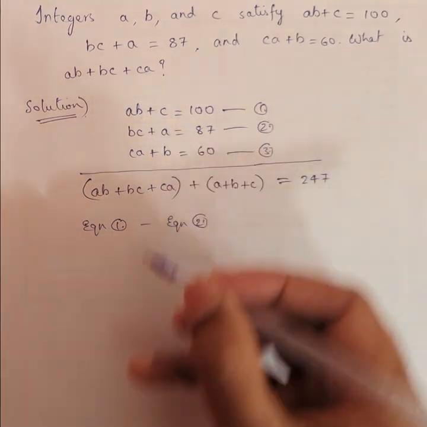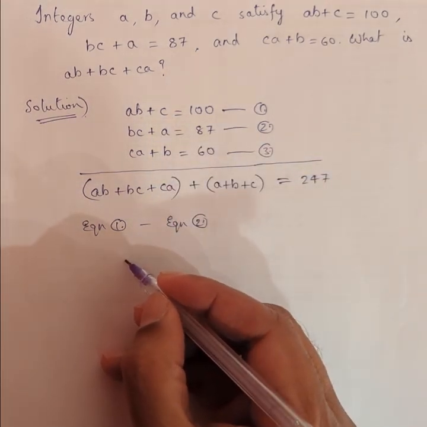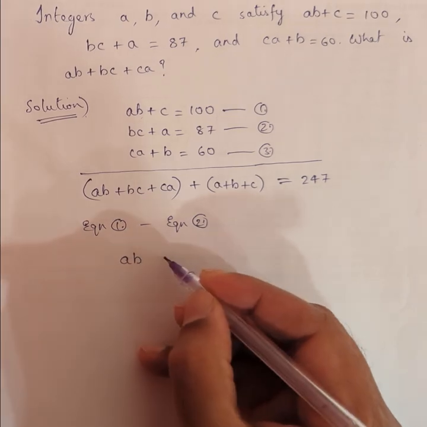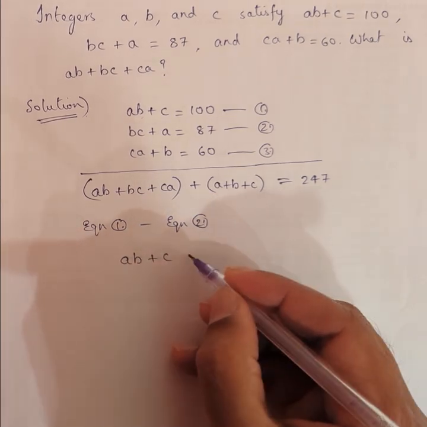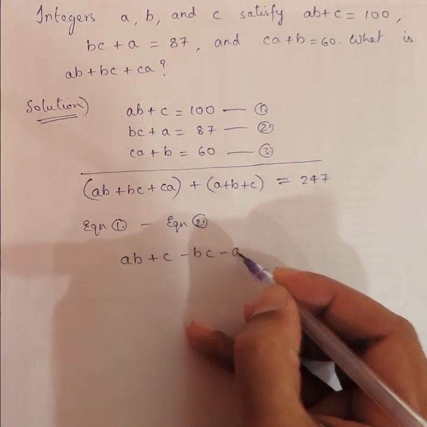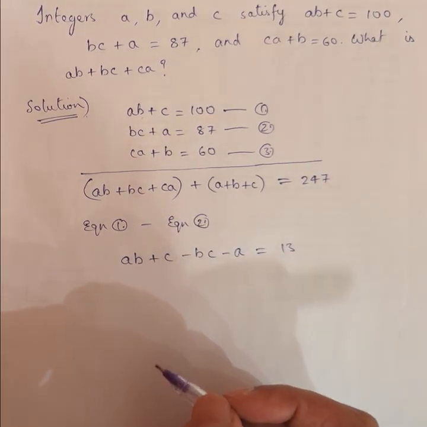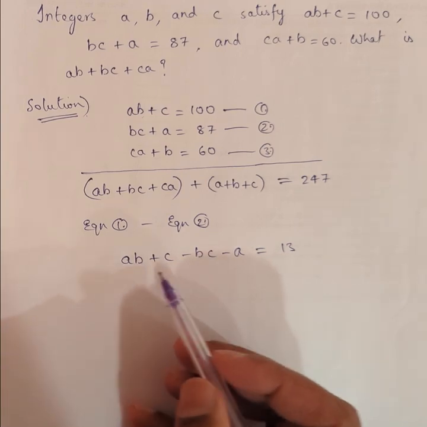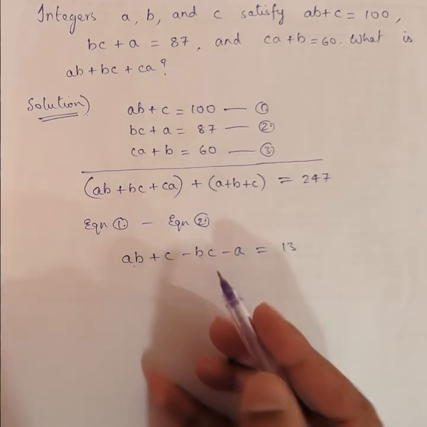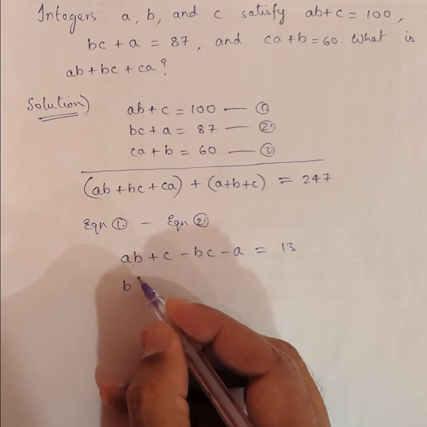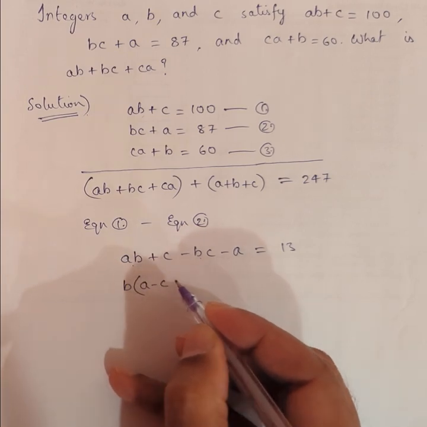So when you do that, you get ab plus c minus bc minus a on the left side is equal to 13. And we can factor from these two terms. If you factor b, then you get a minus c.